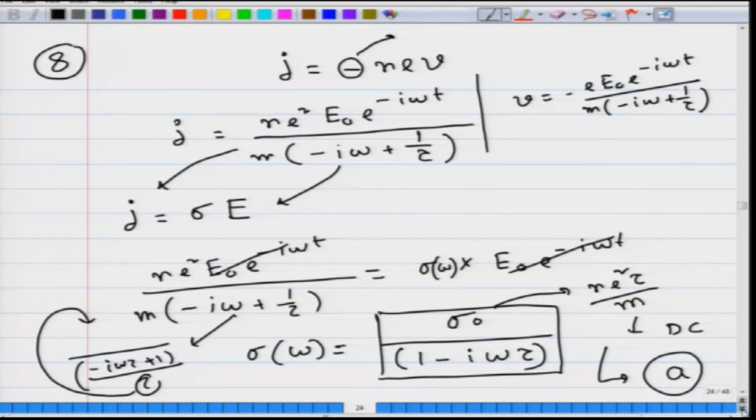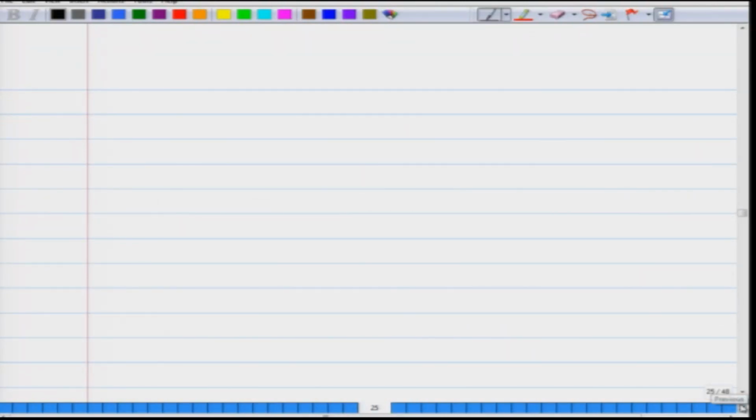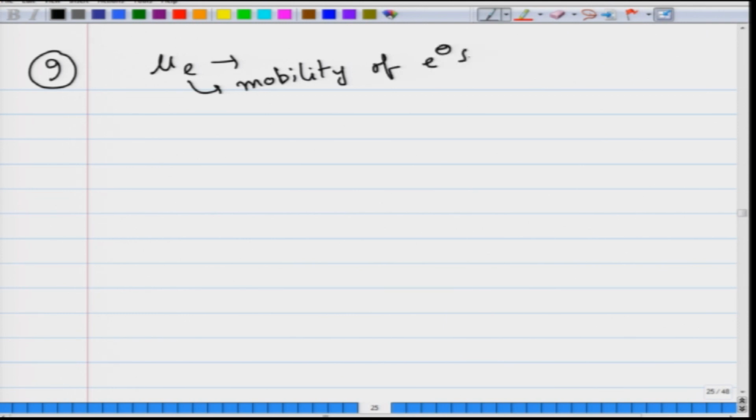Moving to the next problem, we want to find the expression for the mobility of the electrons. The mobility of the electrons, we define this as velocity, v is the velocity of the electrons, equals minus mu e into electric field.